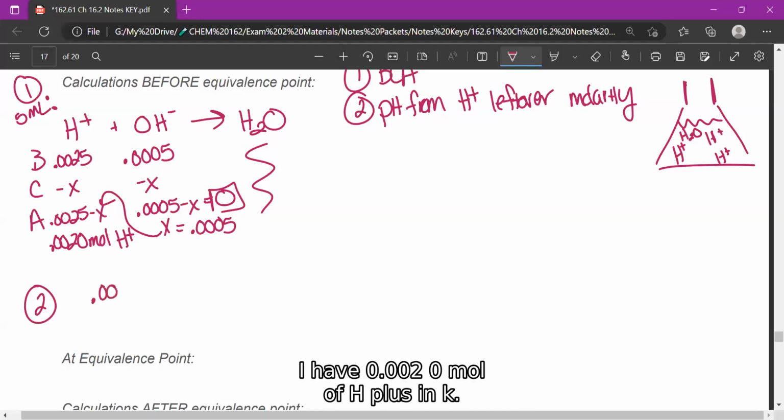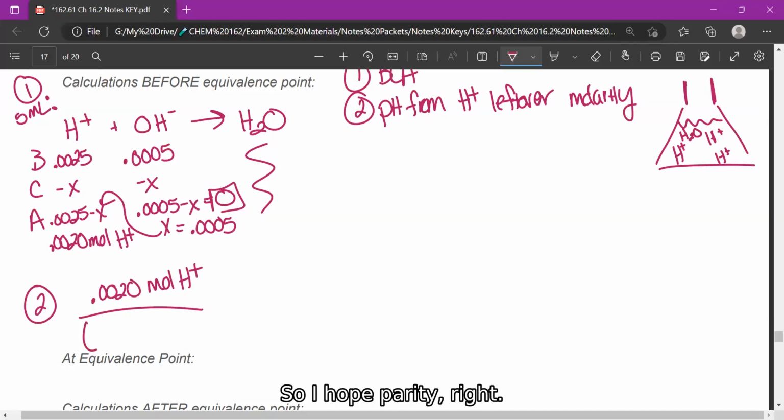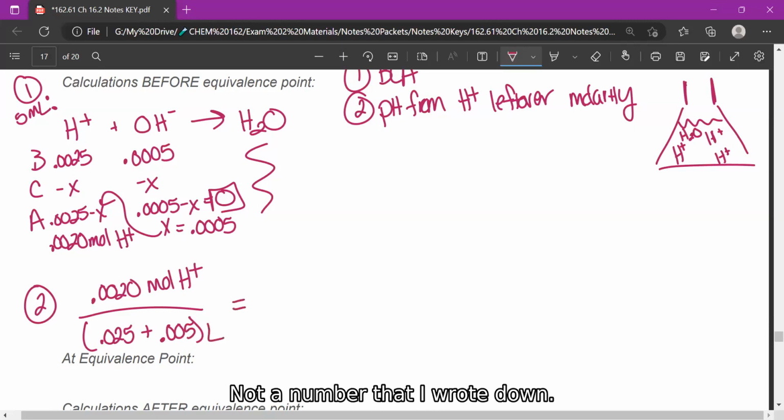If I have 0.0020 moles of H plus, okay, what is my volume of solution? Well, I added 5 milliliters and I started with 25, so I have 30, right? So I had 0.025 plus 0.005 liters.